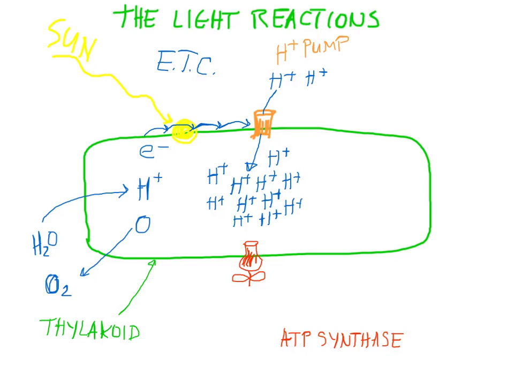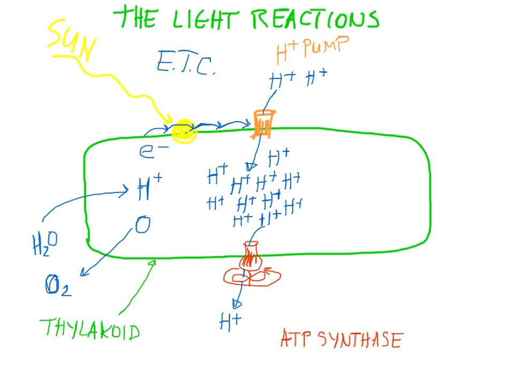When the concentration builds up to an extent, the hydrogen ions are forced through the ATP machine, where they interact with this little mechanism and somehow cause this thing to spin around, just like at the revolving door at the bank or airport.